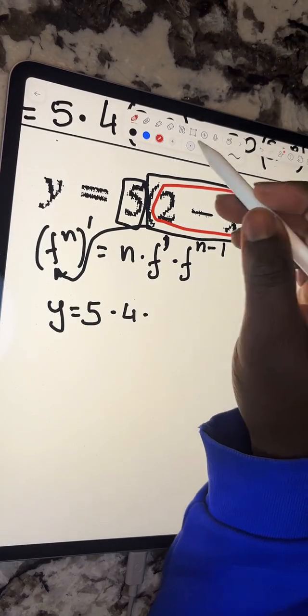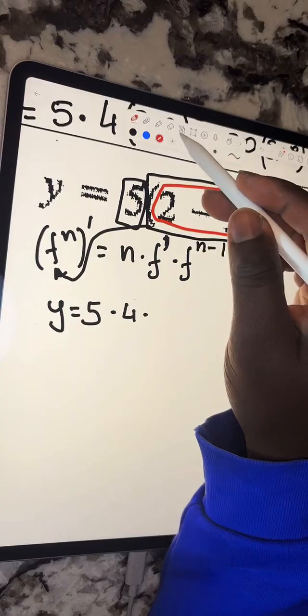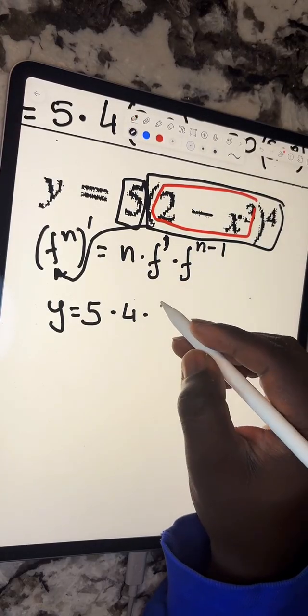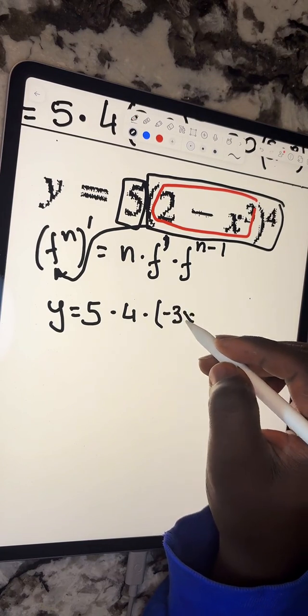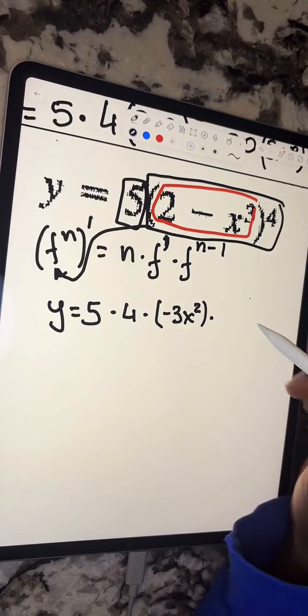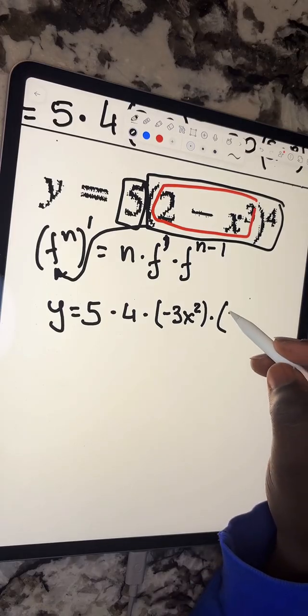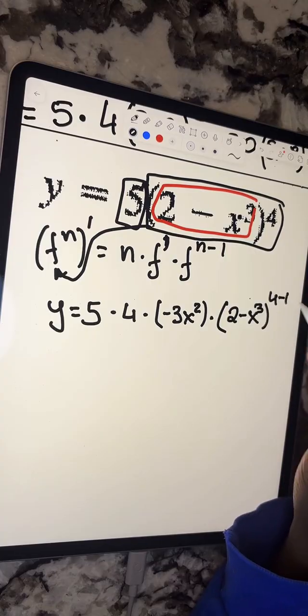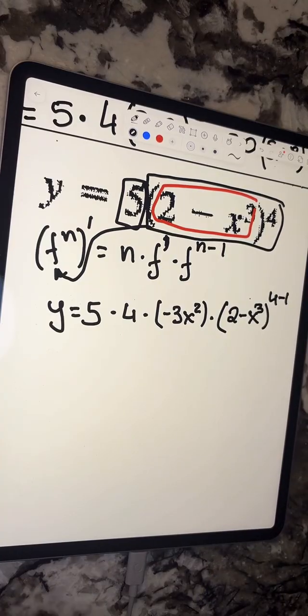The derivative of 2 is 0, the derivative of negative x cubed is negative 3x squared, and then times f to the power of n minus 1, that's 2 minus x cubed to the power of 4 minus 1.